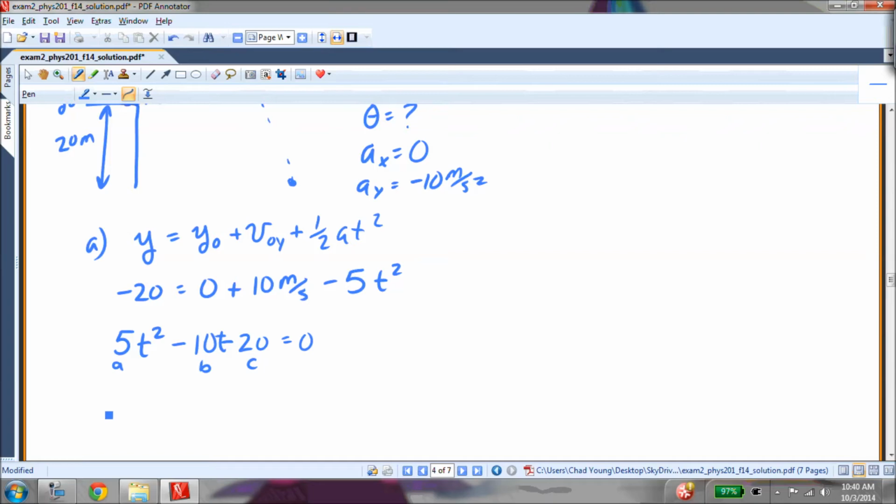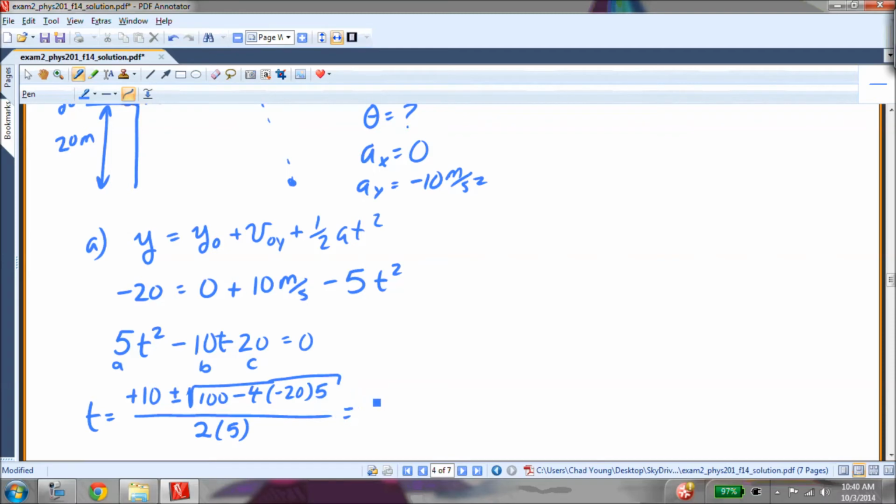And then t is going to be negative b, that's positive 10, plus or minus the square root of b squared minus 4ac. Minus 4 times negative 20 times 5. That's 4ac actually. All divided by 2a, 2 times 5.